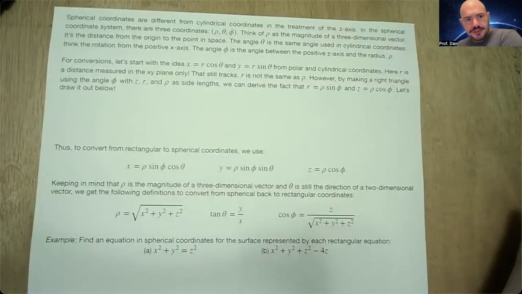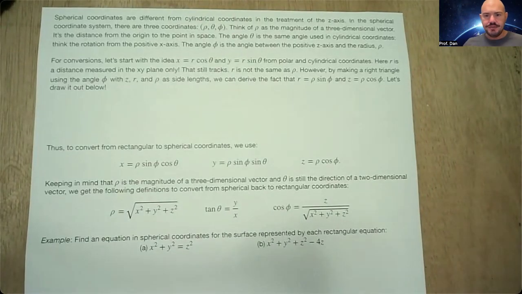All right, now that we've talked about cylindrical coordinates, let's go to the other one, spherical coordinates. So spherical coordinates, also really useful, but you need to do a little bit of thinking to understand how these conversion factors are accurate.